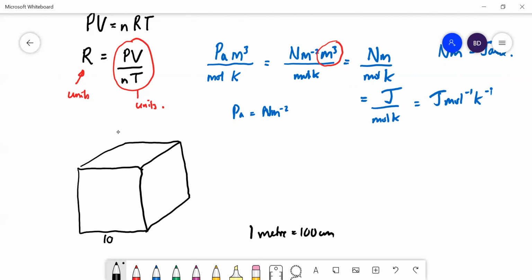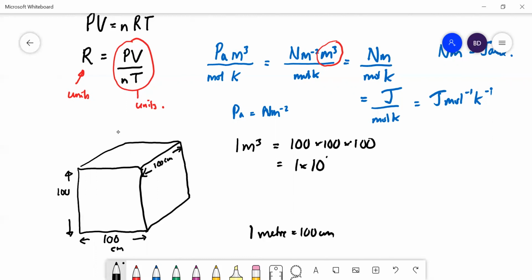So that's 100 centimeters by 100, and a depth of 100 centimeters. So what's the volume of 1 meter cubed in centimeters cubed then? It's equal to 100 times 100 times 100, which is equal to 1 million. So 1 meter cubed is equal to 1,000,000 centimeters cubed.